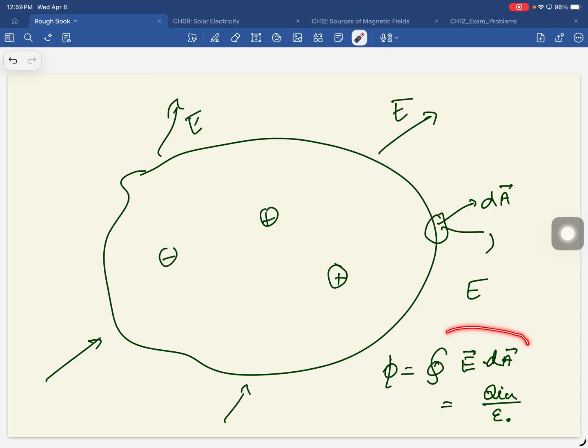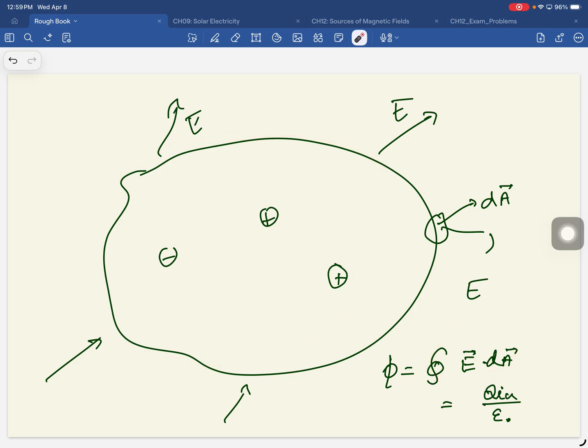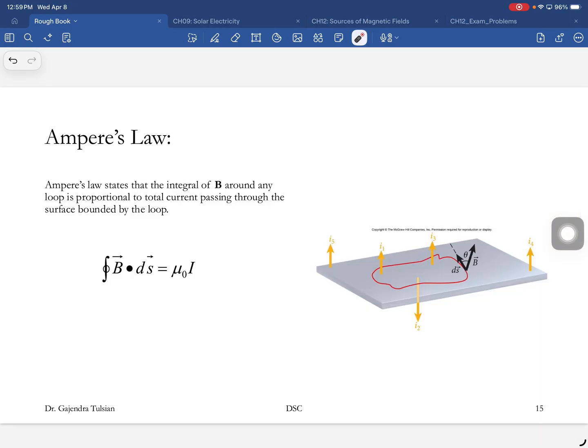Gauss's law said this surface integral, which you did for an enclosed surface in 3 dimensions, was equal to charge inside divided by epsilon naught. Here we have a similar expression, except that now this is a line integral.